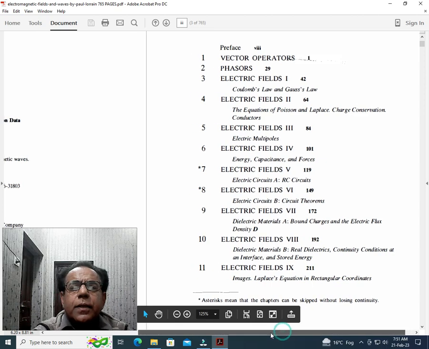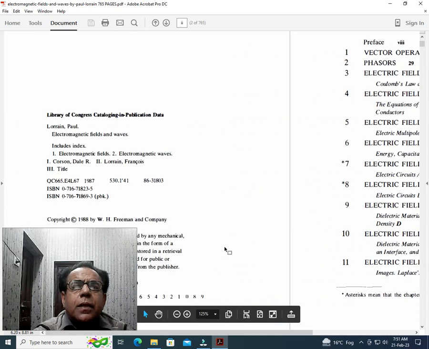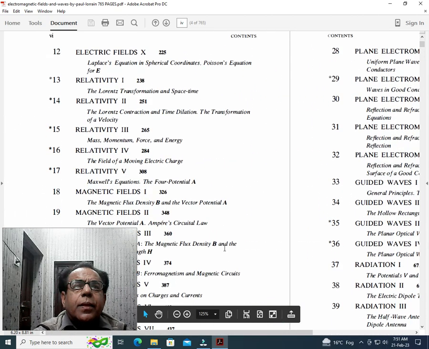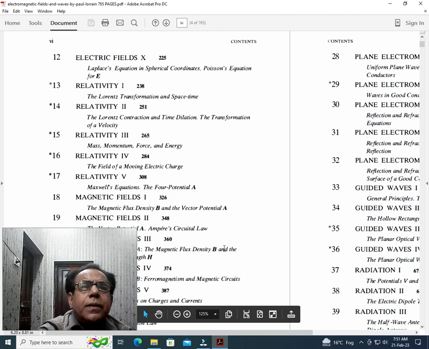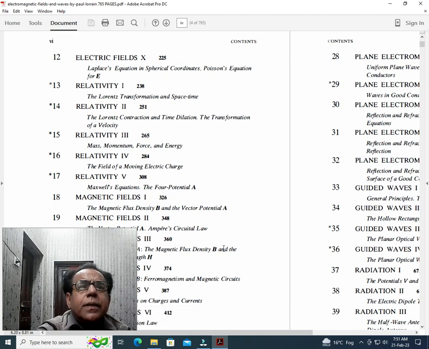Chapter 12, Laplace equation in spherical coordinates, Poisson equation. Chapter 13, relativity. Chapters 14, 15, 16 and 17 are further extensions of relativity.